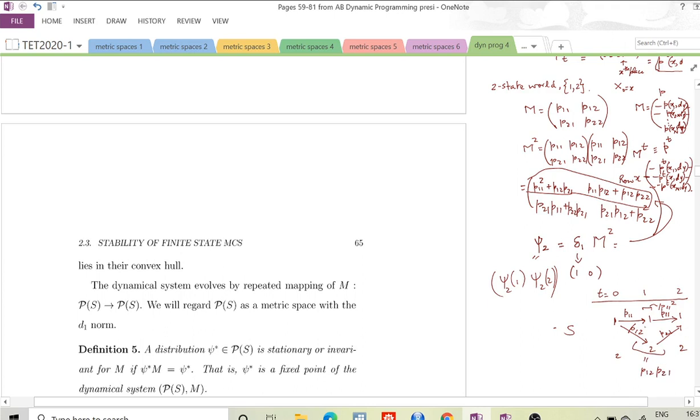So the probability that the state is 1 at time t equals 2, given that the state was 1 at time t equals 0, would be the sum of these two mutually exclusive paths, P11 squared plus P12 P21. And indeed, that is what we have here. And you can work out the others.